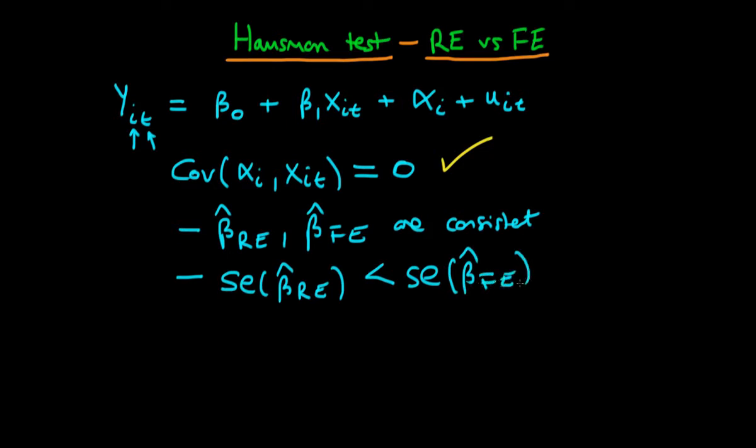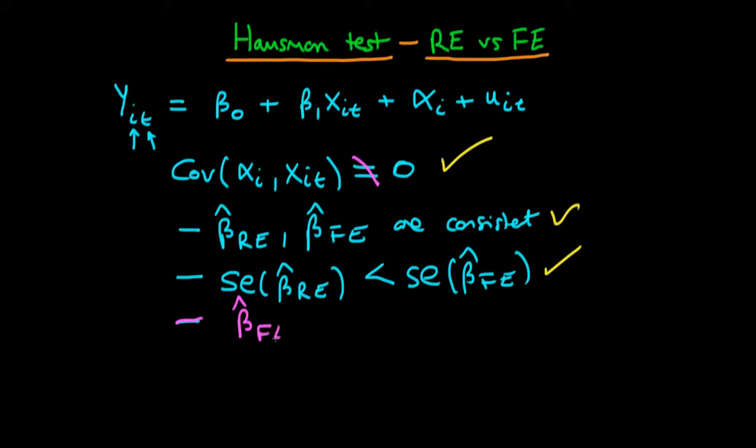Okay, so now that we know these two particular things, we are almost in position to set up our particular test statistic. The final thing we need to note is that if this above assumption isn't true, then it is not the case that random effects and fixed effects are consistent.